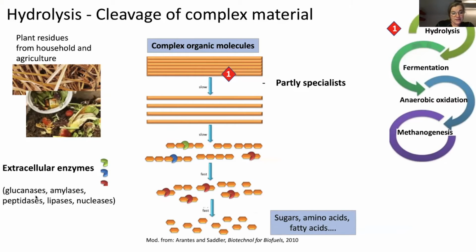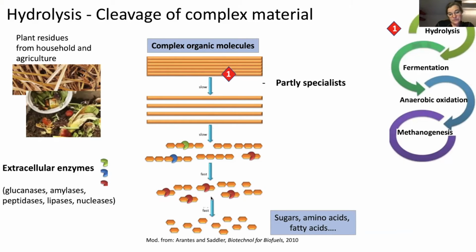These are enzymes like amylases or peptidases. They can cleave these large complex organic molecules. This is not very easy and it takes time. It is a slow process. From the large molecules, you make smaller ones, and then even smaller ones, oligomers. And these oligomers are further digested to monomers or dimers.